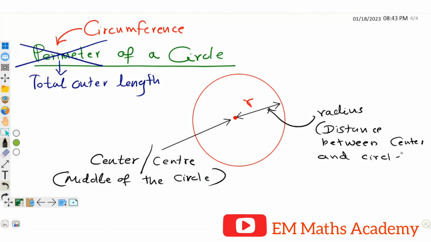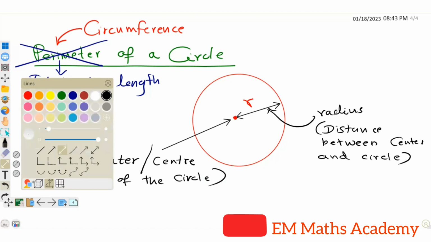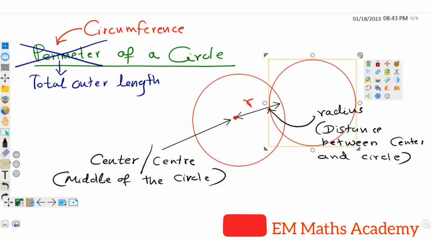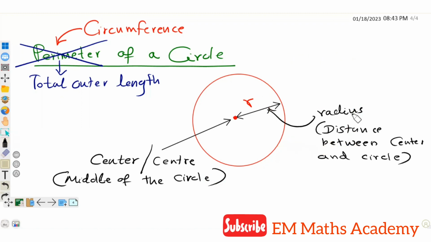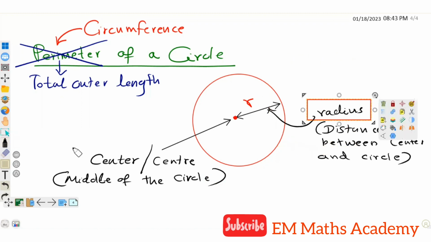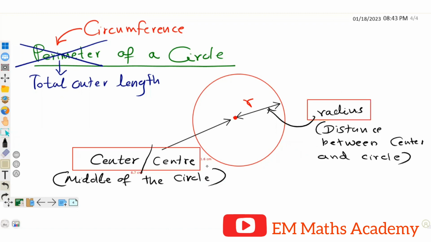For the distance between center and circle, the word that we use in mathematics is radius. Okay, sorry. These are very important. There is another one that we should know.